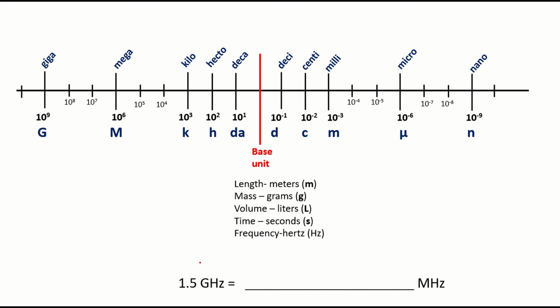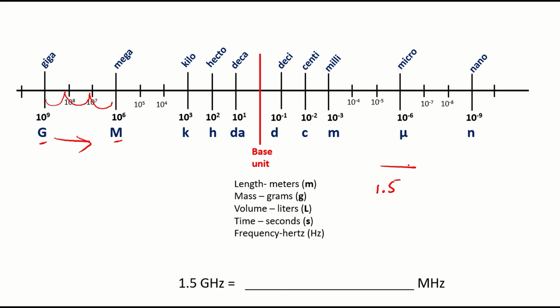One more example. We have 1.5 gigahertz. What we have is giga. Find where you have giga and you have to convert it into mega. How many times do you have to move? 1, 2, 3. 3 times in this direction.